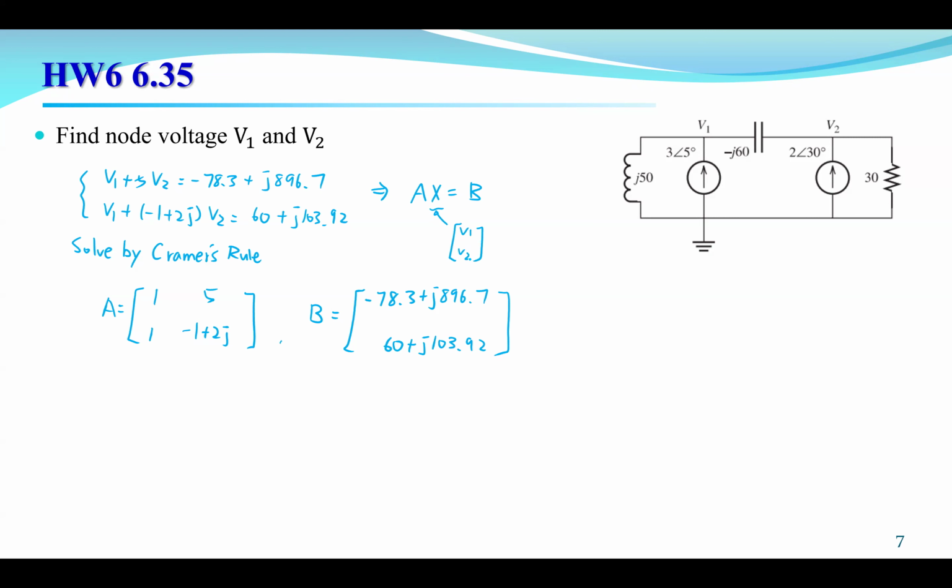Okay, so to solve this, we just need to multiply both sides with the inverse of A. So we have A inverse times AX equals A inverse times B. So A inverse times A equals a unit matrix. So we have X equals the inverse of matrix A times B.